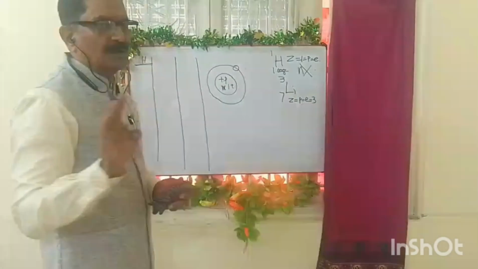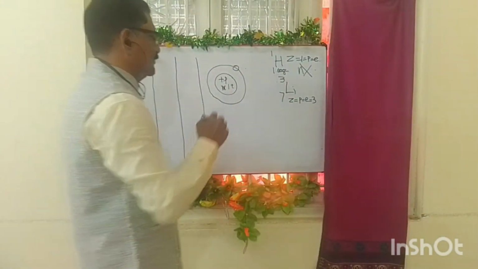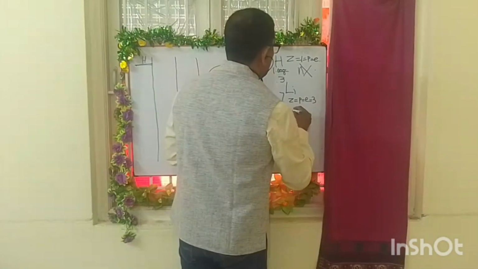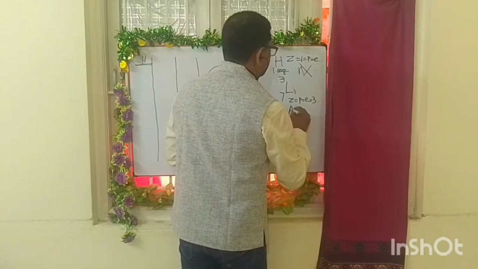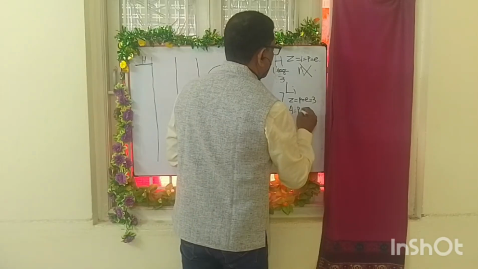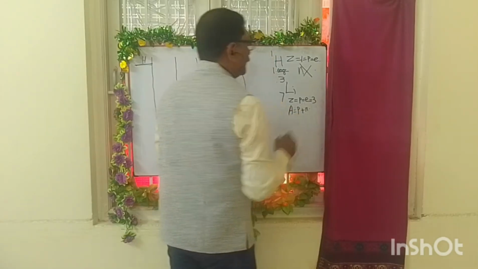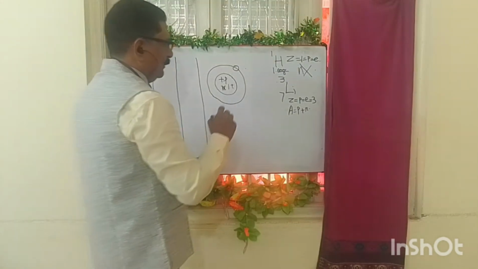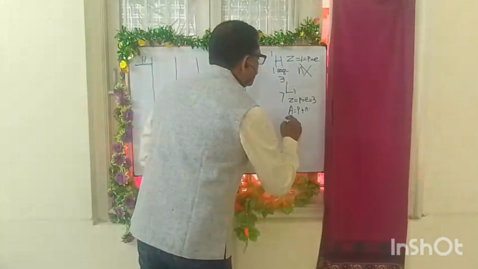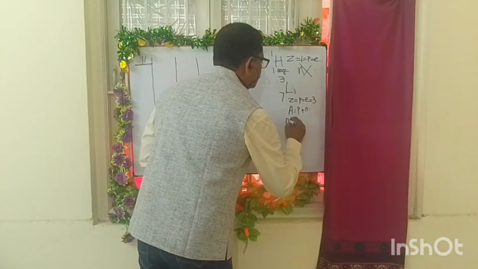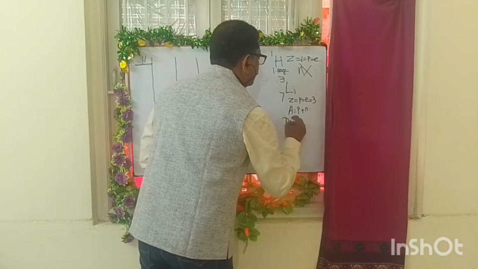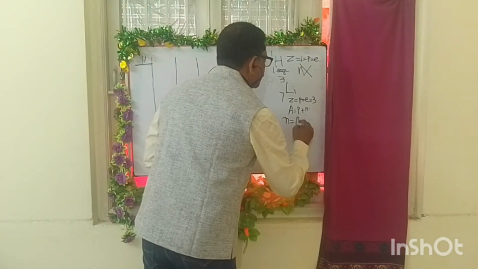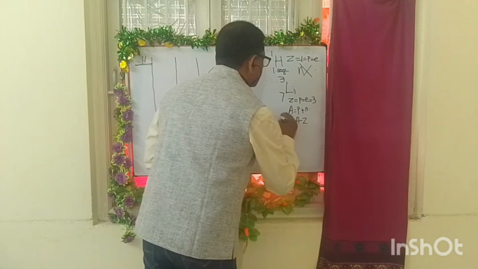There are 3 protons and 3 electrons. Then atomic mass is 7, that is the number of proton plus number of neutron. When you want to find out the number of neutrons, as I did in the last class, number of neutron is equal to A minus Z. Very important.